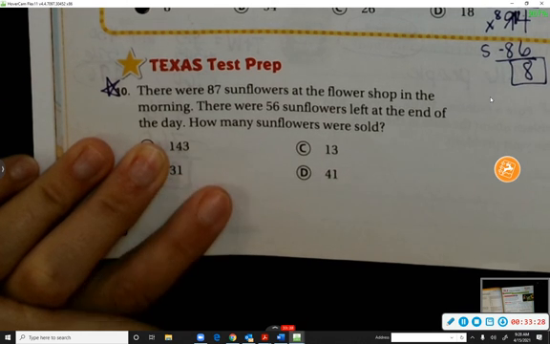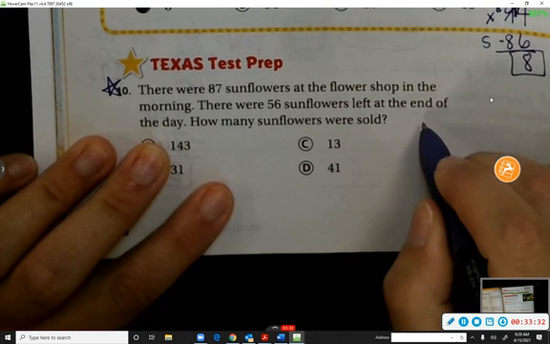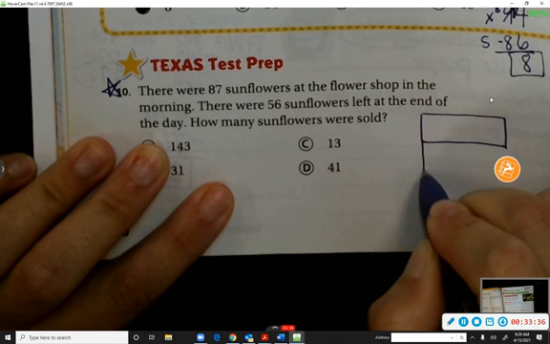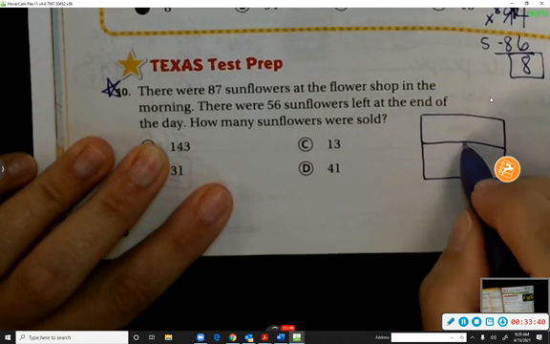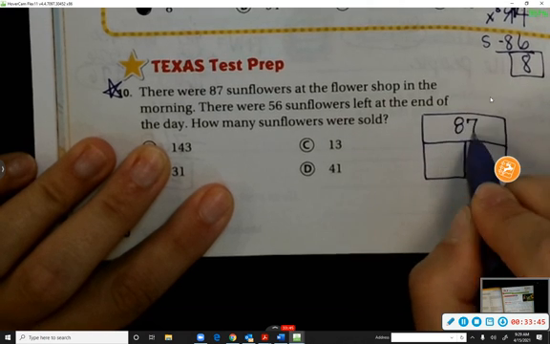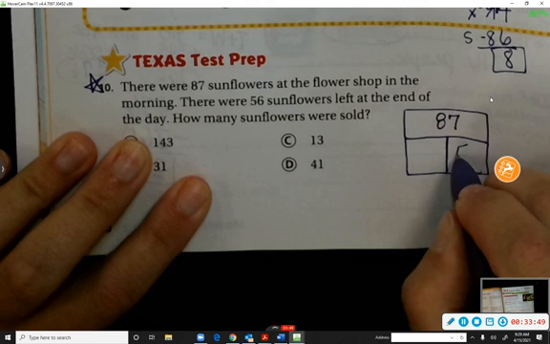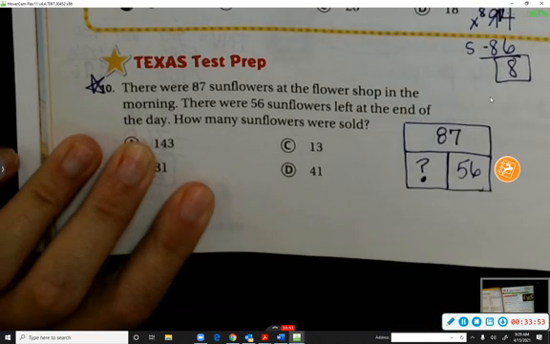Okay, do we know the total amount of sunflowers they started with? 87. Yes. They started with 87 that day, so where would 87 go? The top, the big piece, the whole. 56 were left. How many were sold? So what am I going to do?